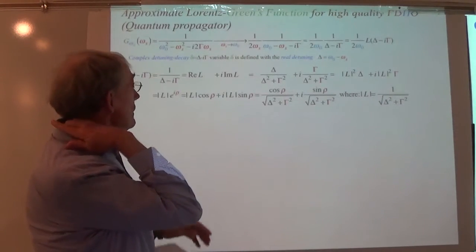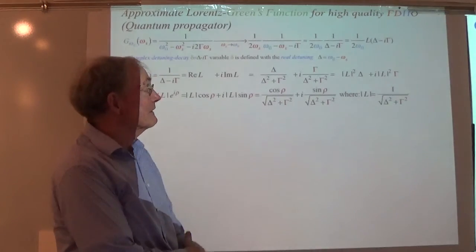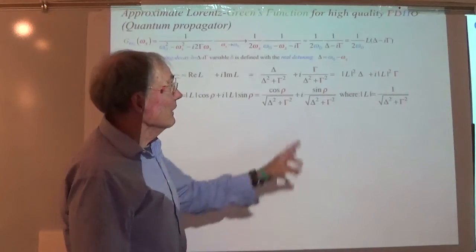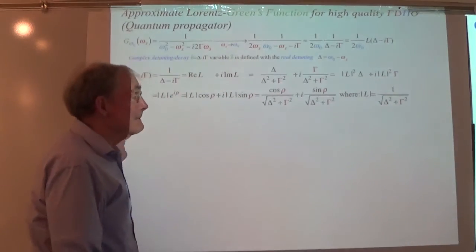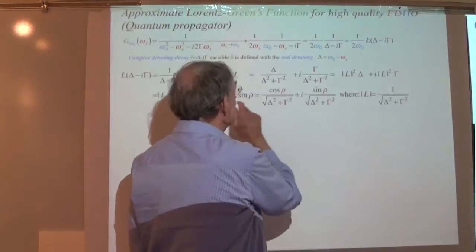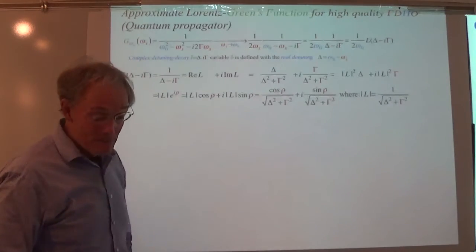In any case, there's going to be a polar form of it that looks like this, with this 1 over the square root of that magnitude L squared. So just plain old magnitude L is this thing. And this has really nice geometry.